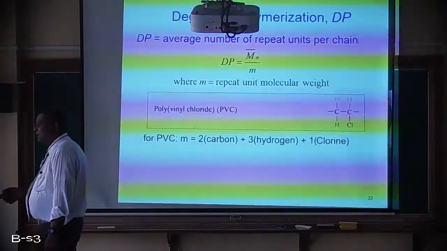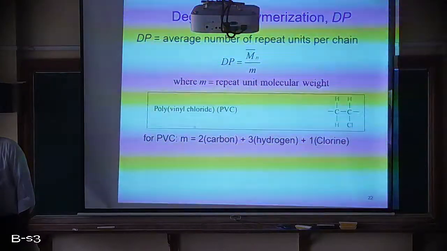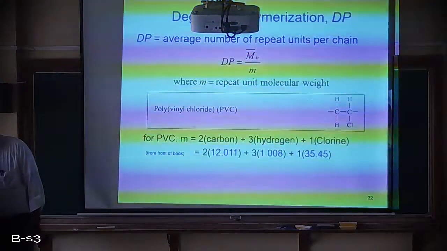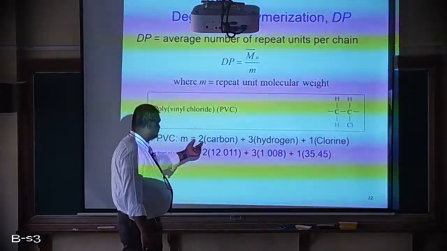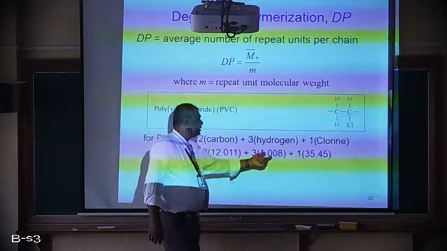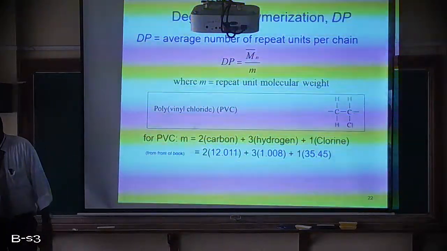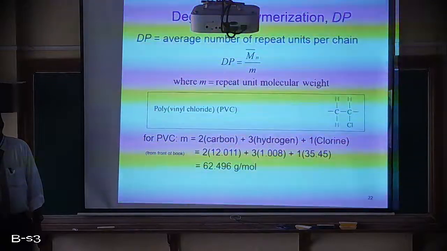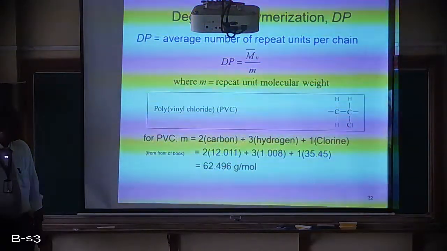So if it is repeated, then it is called polyvinyl chloride. So this is the carbon atomic weight, hydrogen atomic weight and the chlorine atomic weight, and all together it will be 62.496 grams per mole. So this is one PVC repeat unit molecular weight.